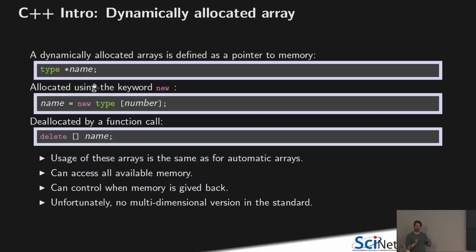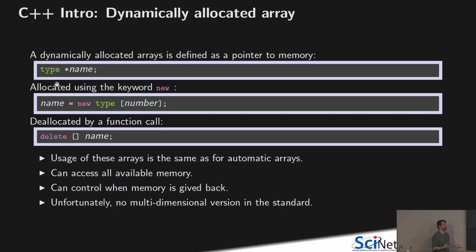Rather than creating an array and saying the name is a pointer, we create a pointer. And now we ask for a block of memory using this new construction, so new, then a type and a number of that type, and assign it to that pointer. Now we'll get a pointer to the first element of this array of number elements.